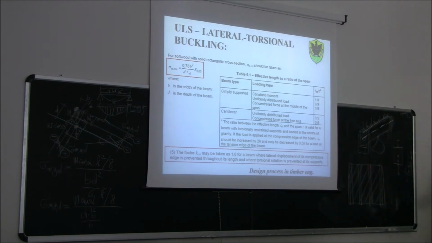Now, in this beam, when I'm designing this beam, do I need to do the lateral torsional buckling check? If I do, what kind of effective length should I consider? Load is applied to the compression edge of the beam, but which length do I need to consider?